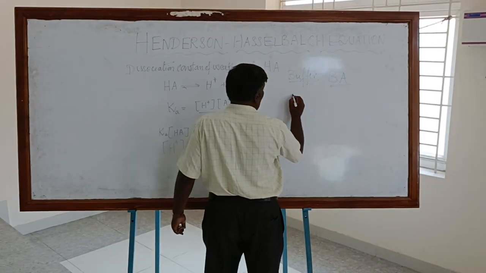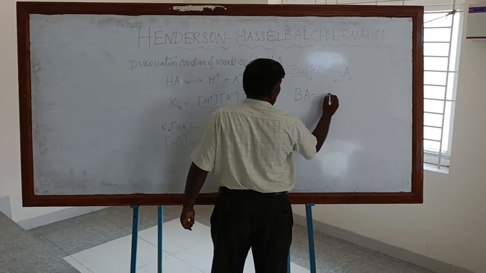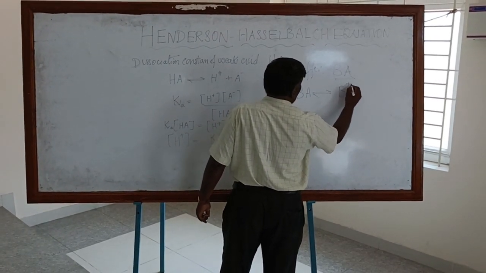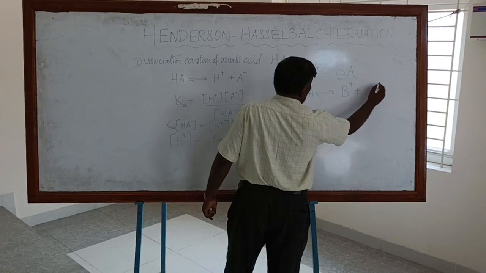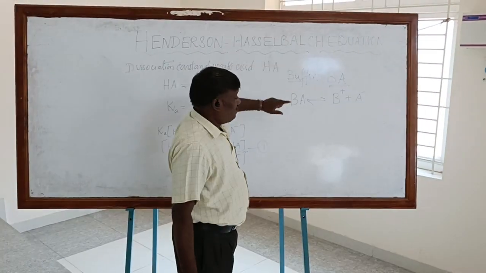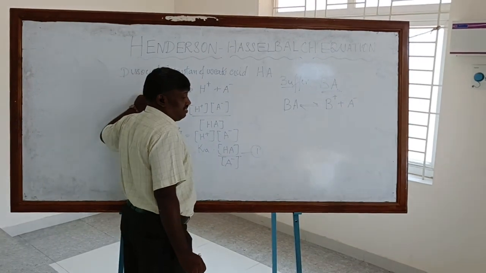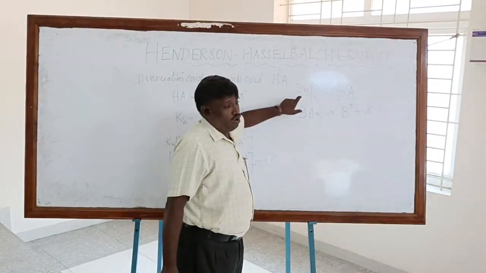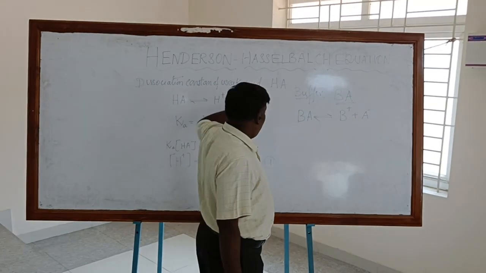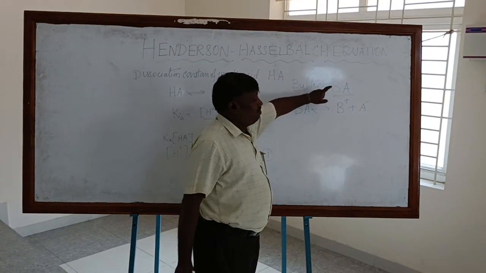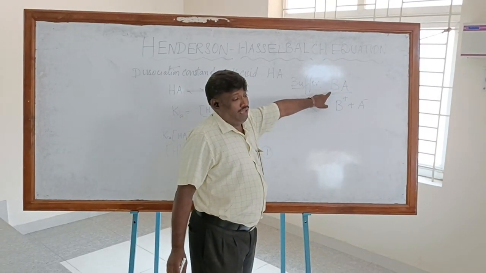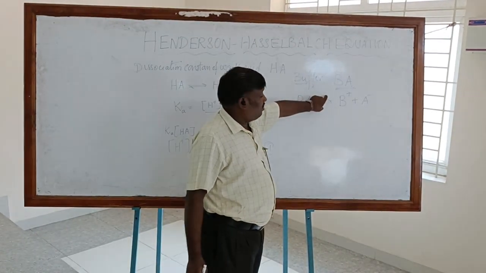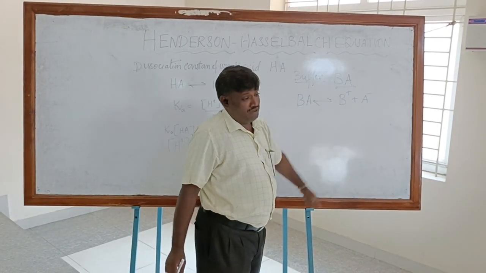So this salt BA ionizes strongly to produce B plus and A minus. So this is the salt and this is the acid. A buffer is a mixture of weak acid and its salt. So the salt of the acid HA is assumed as the salt BA. So BA undergoes 100% ionization to give B plus and A minus.